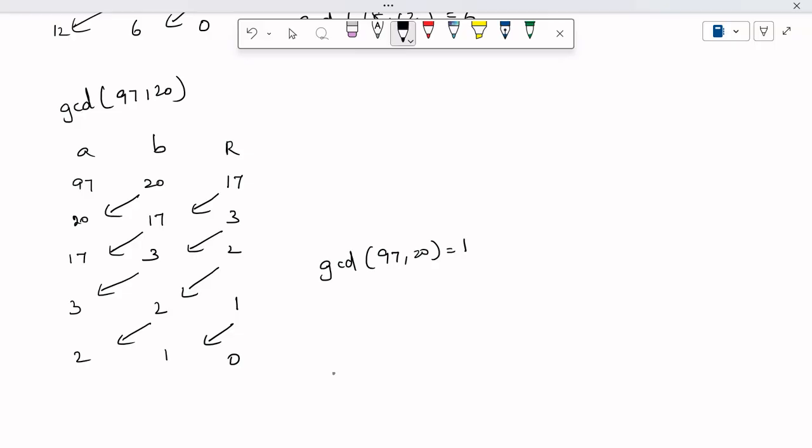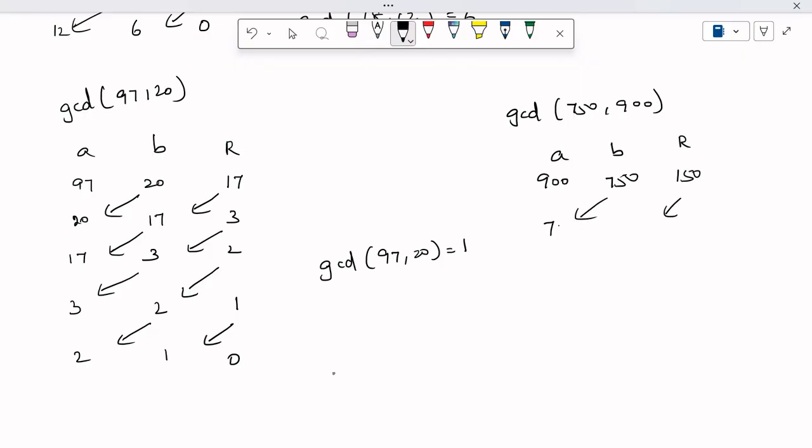Okay. So what is GCD of 750 and 900? What we will do, we will take the larger value as A. So A is 900, B is 750 and then the remainder is 150.